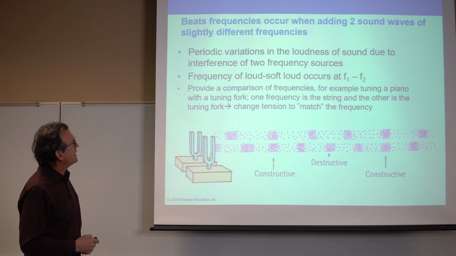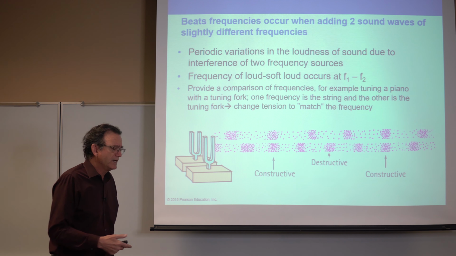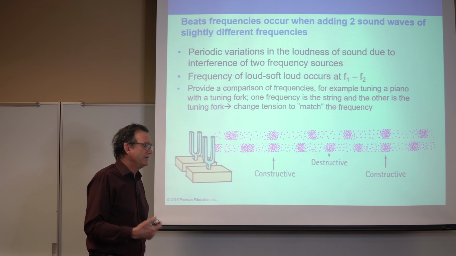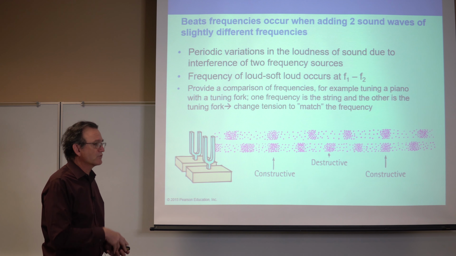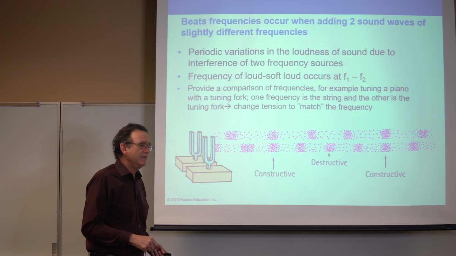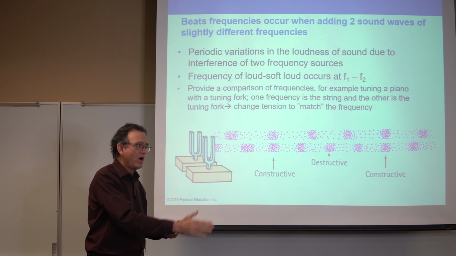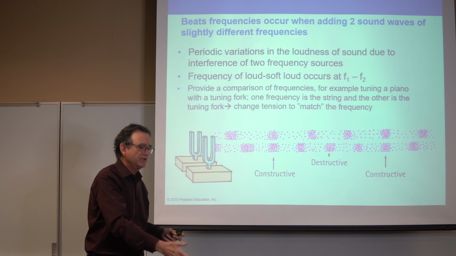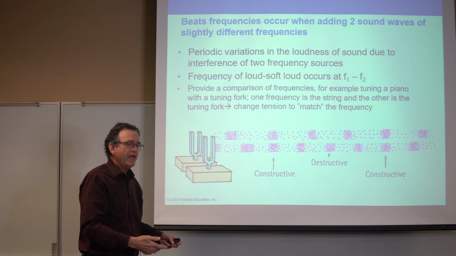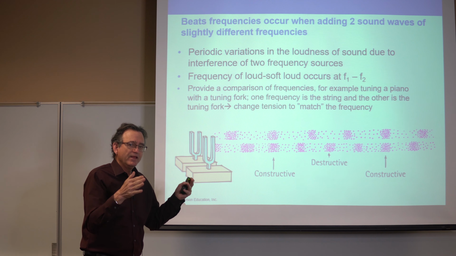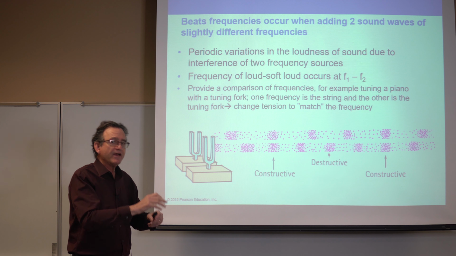This is how the tuning fork is used for tuning a piano, for example. The piano tuner has his own tuning fork. He strikes it, he hears that, he hits the key, and he listens for this wah, wah, wah, wah, wah, this slow variation in amplitude, which we call the beat frequency. And then he tightens the string until those slow periodic variations in intensity have disappeared.